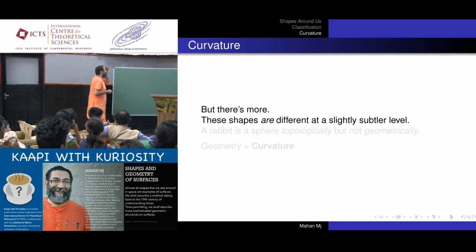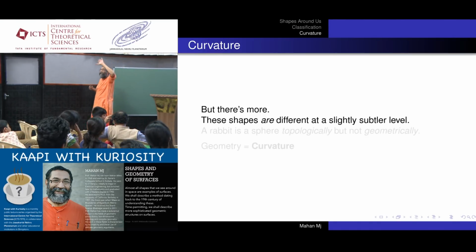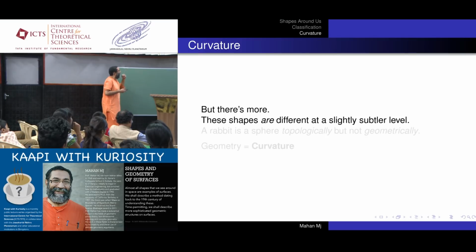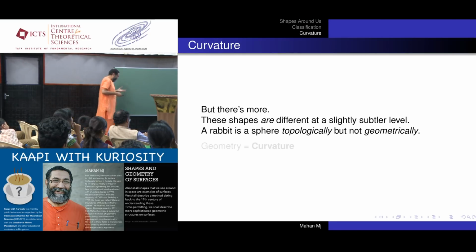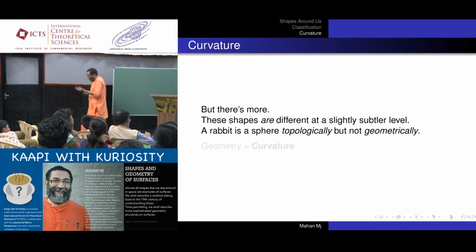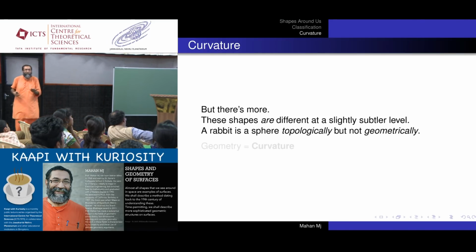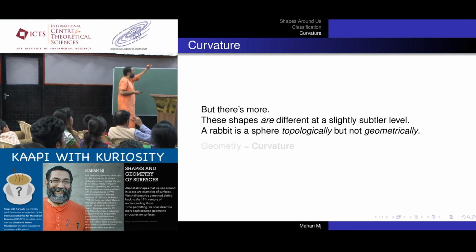So these shapes that we were able to successfully classify as a sphere with n handles, now try to focus on them locally and more carefully. And what we realize is that the surface of a rabbit and the surface of a sphere are locally the same in terms of just having x coordinates and y coordinates, but the shape is not exactly the same.